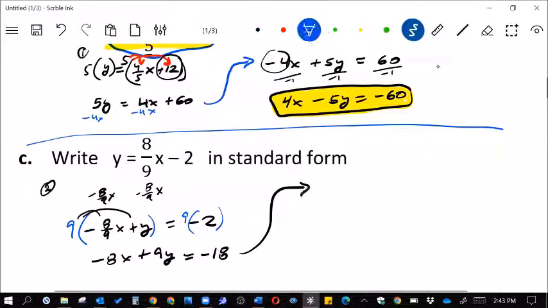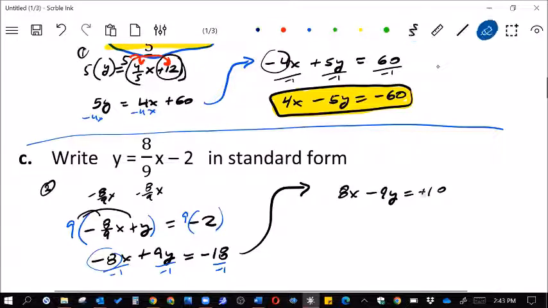Now I am going to divide or multiply by -1 so that this one becomes positive. And that's going to make it 8x minus 9y is equal to... 18 or positive 18? Let's think about it. I multiplied by 9, that made it -18. I'm dividing by a negative. It looks like it'll be positive 18. Okay. Always worth it to double check and think about negatives.